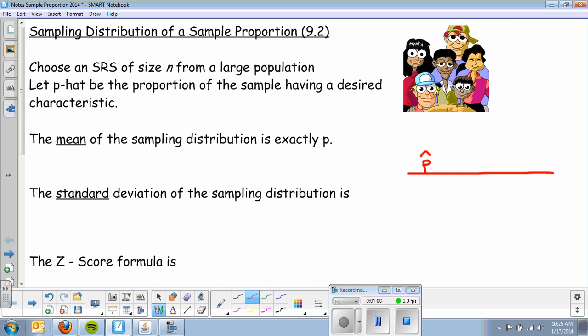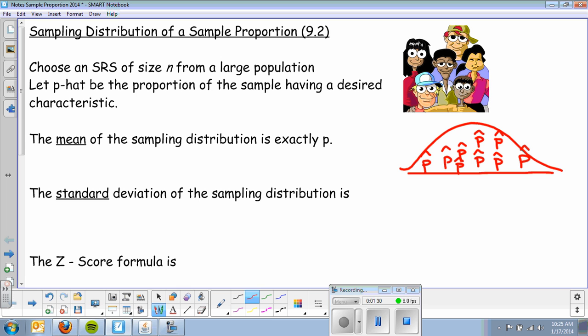Now I go and ask another 100 people, and I get another p hat, and I plot that on the graph. And I do this a bunch of times, and I plot them all on this graph, all these different p hats. And what happens is I get this approximately normal distribution.